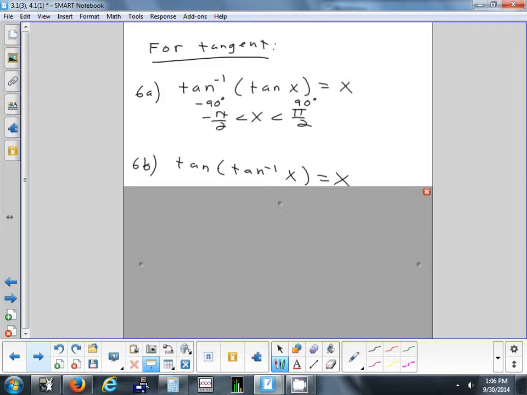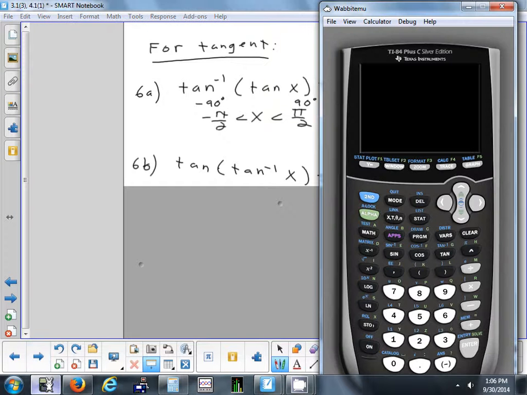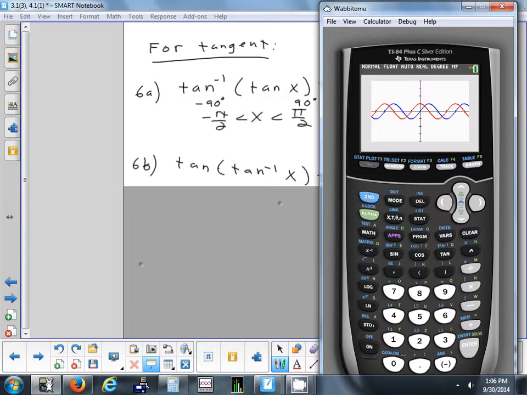Okay, well, let's look at tangent and see what it looks like. I'm going to get rid of sine and cosine, and type in tangent. It's definitely a pattern to tangent, but it's not a nice wave.